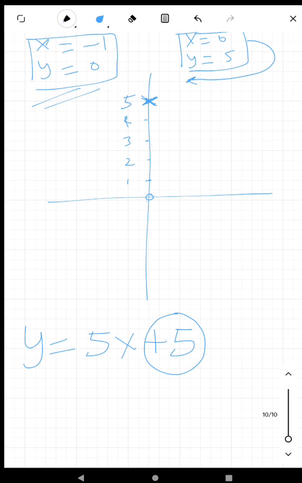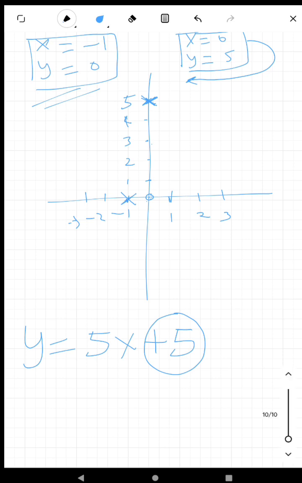So where y is 0, x is minus 1. So we have 1, 2, 3. We also go the negative way: minus 1, minus 2, minus 3. What we're saying here is that where y is 0, x is minus 1 at this point.